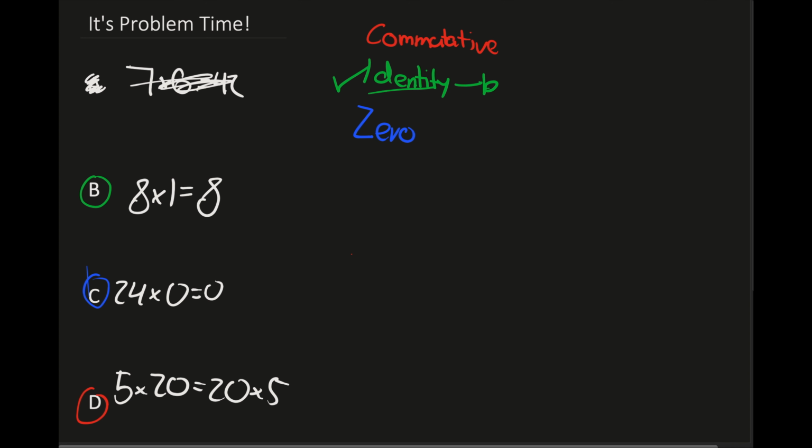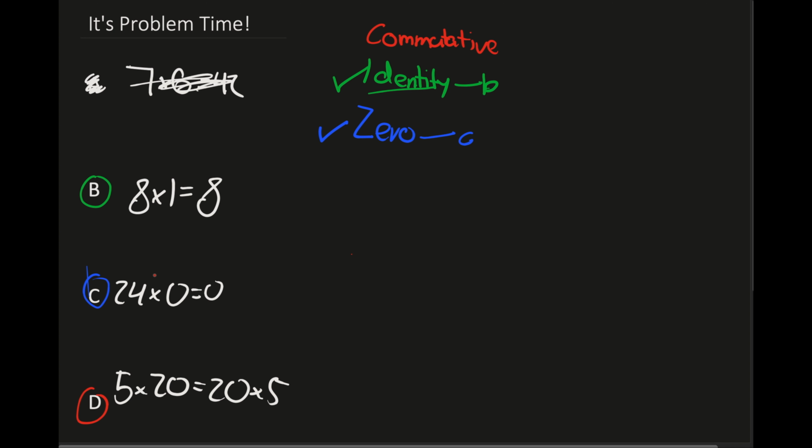Now I'm going to explain the zero property. Looks like we got that one as C. So how do we know? One of the major hints is that there's 2 zeros. And if 0 was the product, then that means that it was the zero property. So that one's easy to spot, insanely easy to spot. Now, commutative property is a little harder to spot, but I'm hoping you got that one.